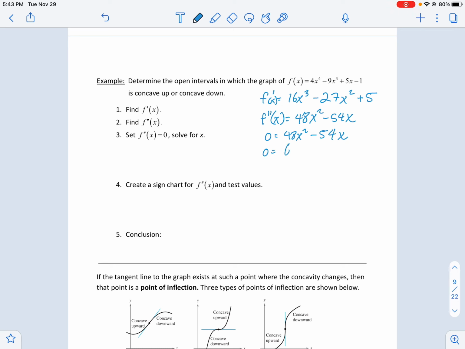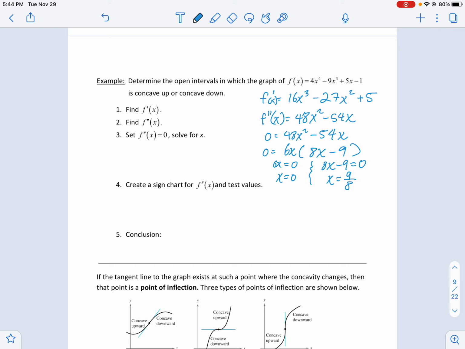So I'm going to take out a 6x from both of those terms. And what I'm left with is 8x minus 9. All right, so we have our two factors. We're going to set each of these factors equal to 0 and solve for our two x values. So 6x equals 0 and 8x minus 9 equals 0. x will equal 0, and x will equal 9 over 8.